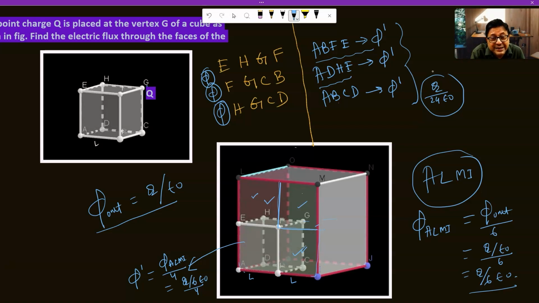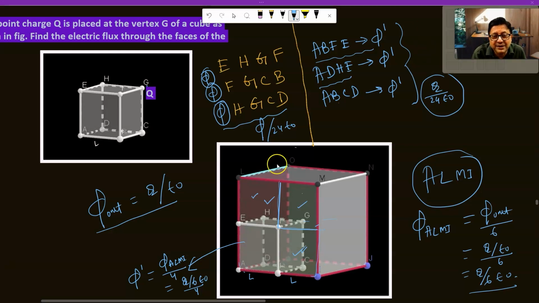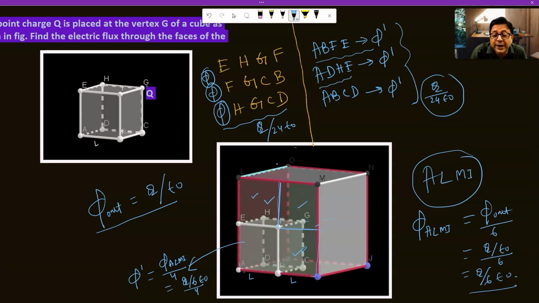For that, they also will get by symmetry each face Q by 24 E0, because flux from here will pass through this 1/4 area. Flux from this will pass through 1/4 of this surface area. Just little bit you imagine. Then it is going to be the same thing. Q by 24 E0, not 5. It is Q by 24 E0. Okay.